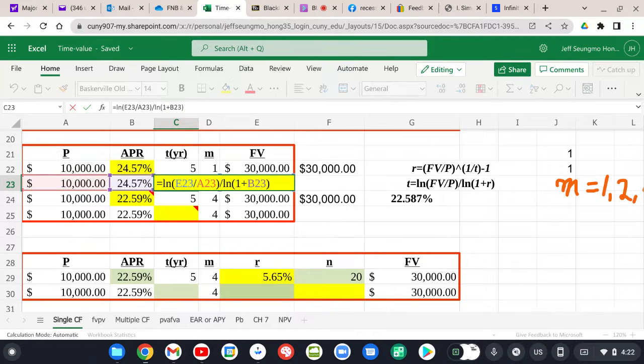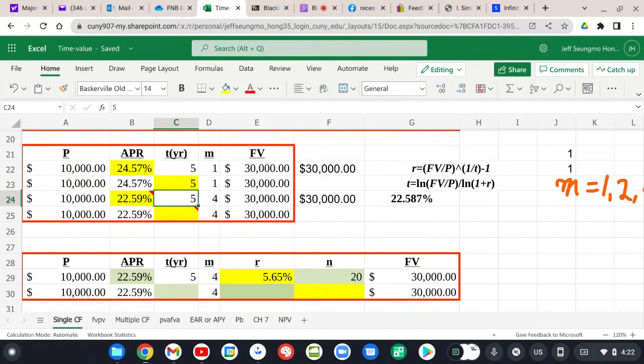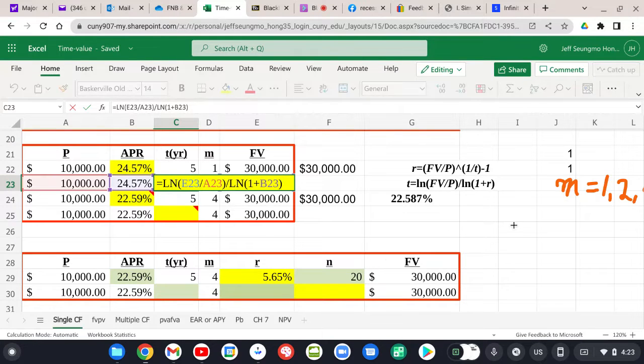Even without hitting enter, I know I'm going to get 5. If you hit enter, yeah, I got 5. Everyone got 5?